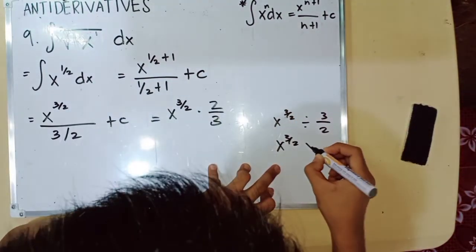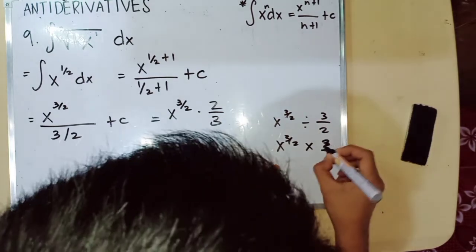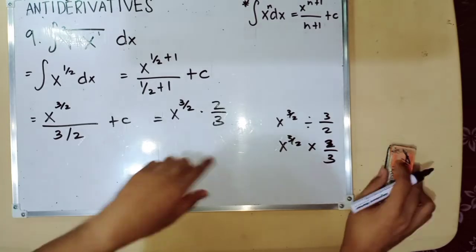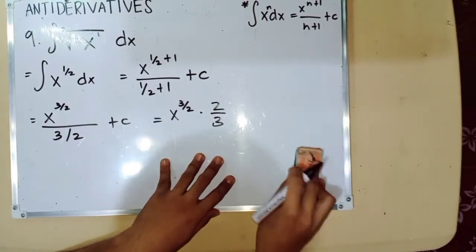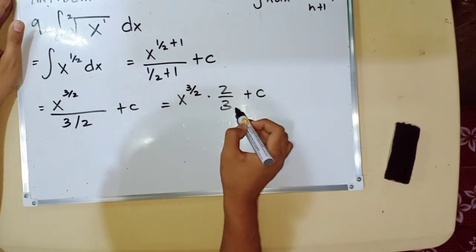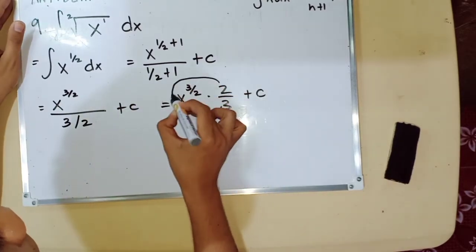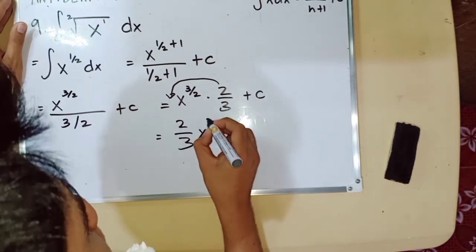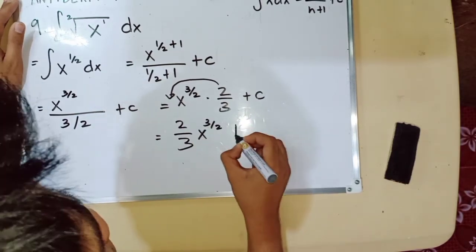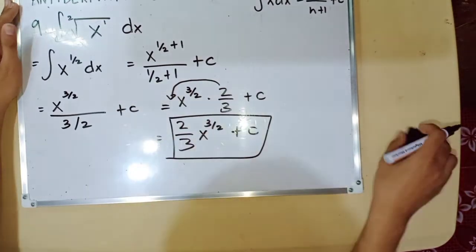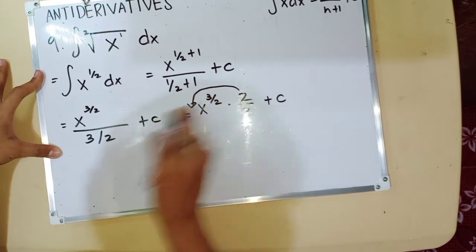So, ganito. Times 2 over 3. I-reciprocal lang natin ang 3 over 2 kapag i-multiply natin ito. So, yan, plus c. Then, itong 2 over 3 ay ilalagay lang natin sa harap ng x. So, magiging 2 over 3 x raised to the power of 3 over 2 plus c. So, ito na po ang ating final answer. Next, let us go to another example.